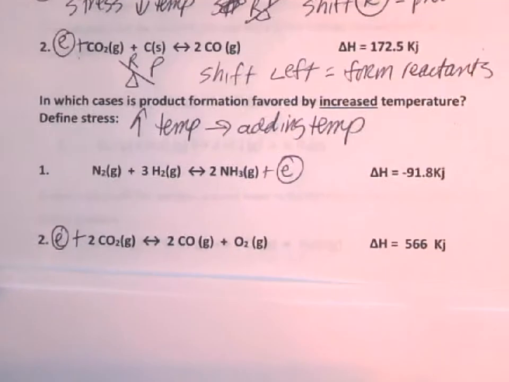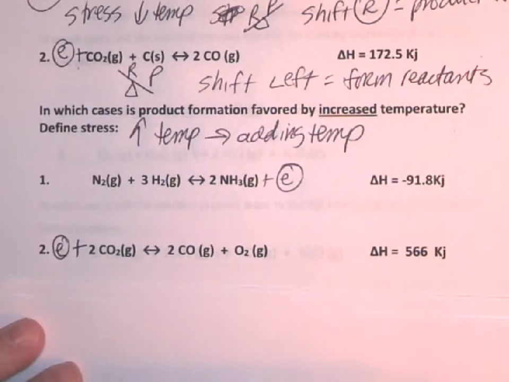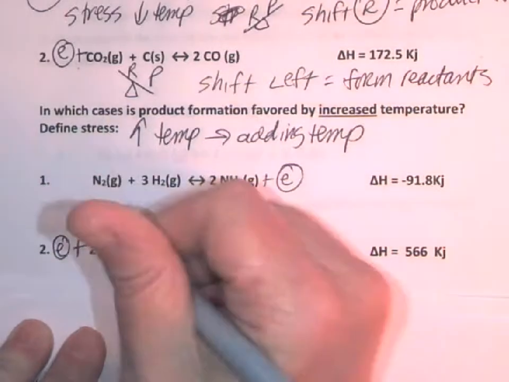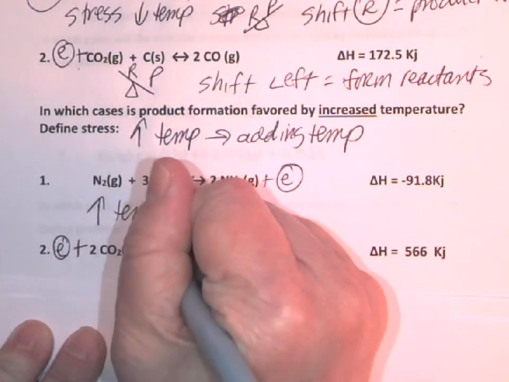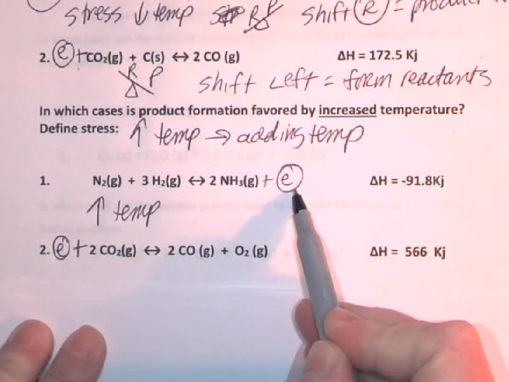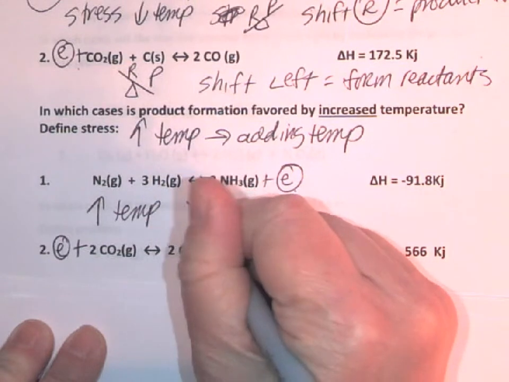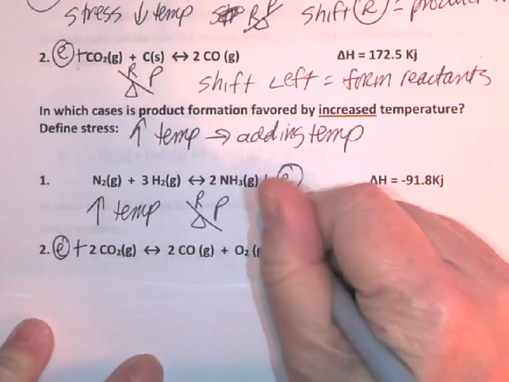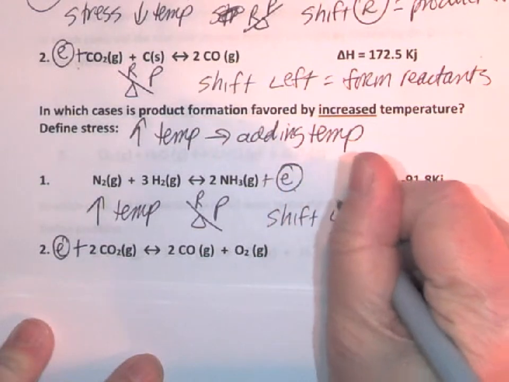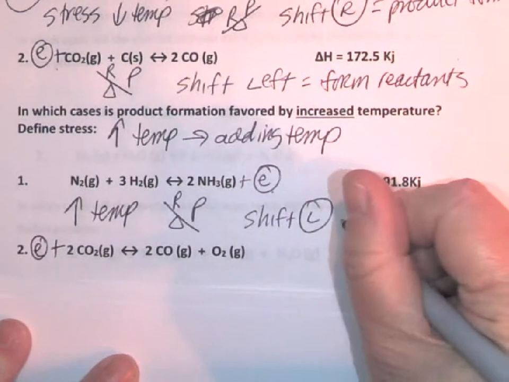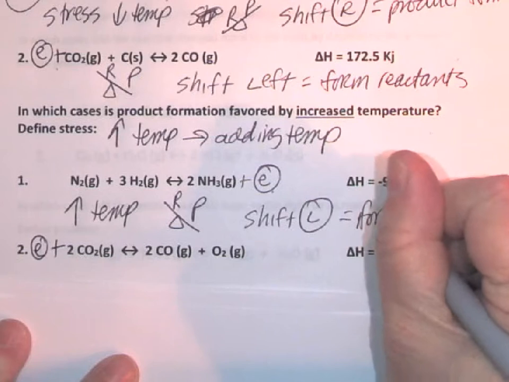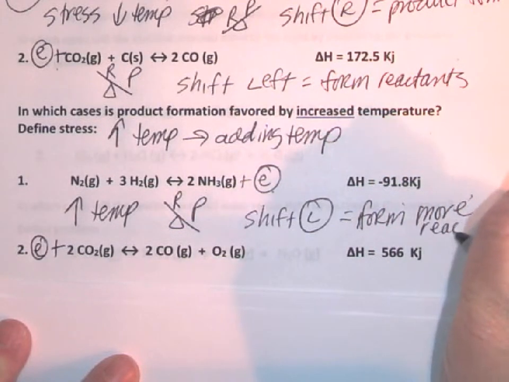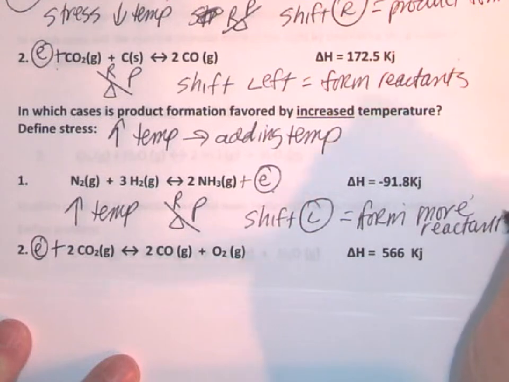All right, so I need to be able to add it. So if I'm going to increase the temperature, add some more weight on this teeter-totter, it's going to look like this. In order to relieve that stress, it's going to have to shift to the left. Left means it's going to form more reactants. And that is not what this problem is asking for.